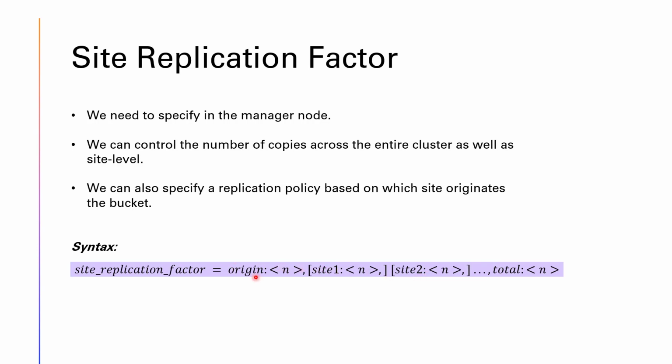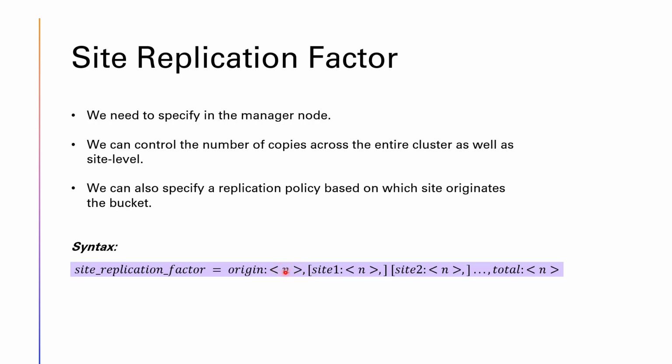Now what do you mean by origin? Origin means the peer which originates the data. So I can mention, if the data is originating from peer 1, it needs to maintain 2 copies of the bucket.